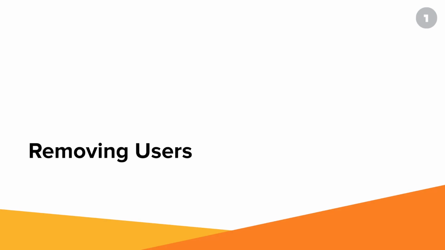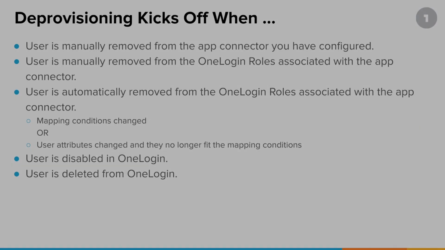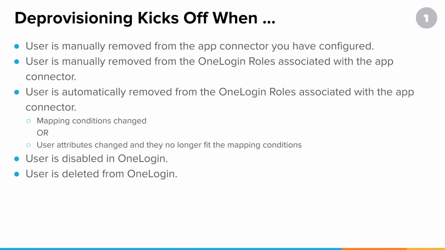Now the deprovisioning process doesn't kick in until the user's removed from the app or even perhaps disabled within OneLogin. So deprovisioning can kick off when several different types of events occur. The user is manually removed from the app connector you added them to manually. Or manually removed from the OneLogin role you manually associated them with. Or maybe they're automatically removed from the role because either the conditions within the mapping changed, or perhaps the user's attribute changed, like they switched from one department to another.